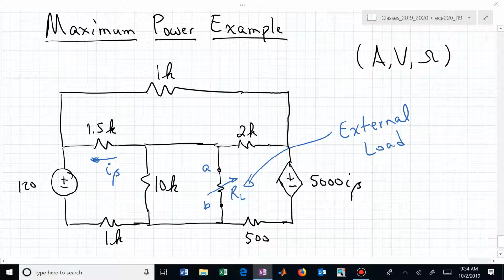I want to find the magic value, the Goldilocks value of R sub L. What's the just right value? That needs to be R Thevenin.